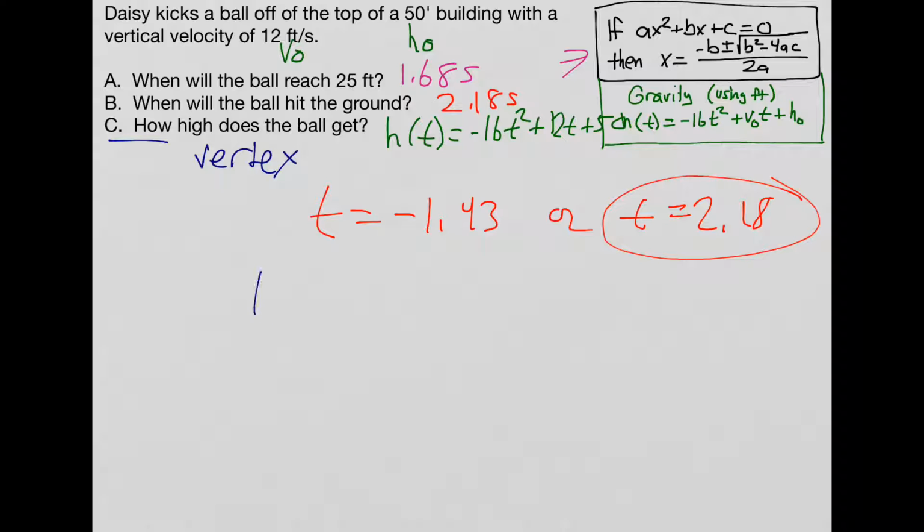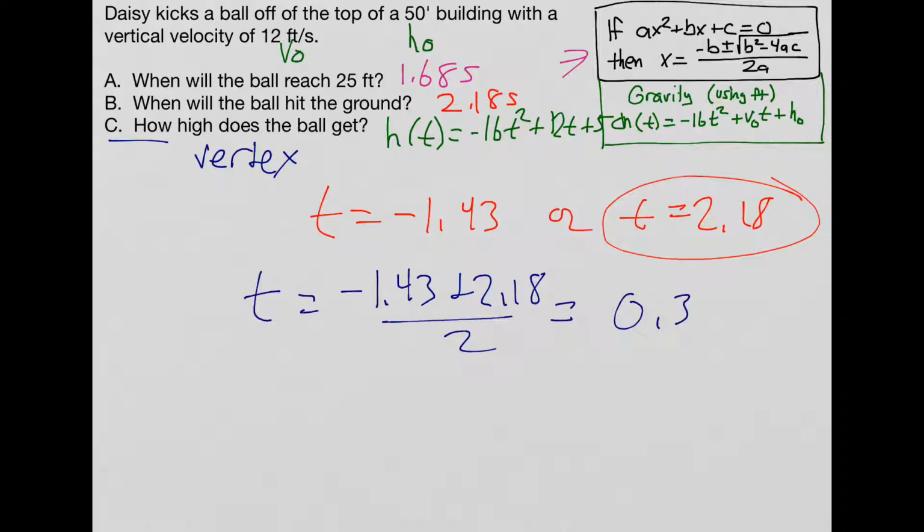So I'm going to say the vertex is when t equals negative 1.43 plus 2.18 divided by 2. And that's going to be at 0.375 seconds.